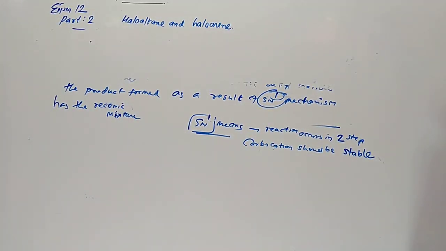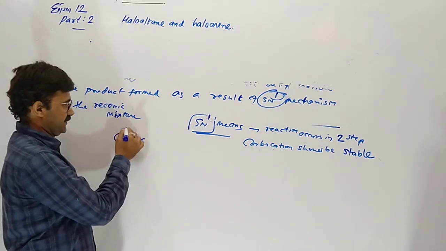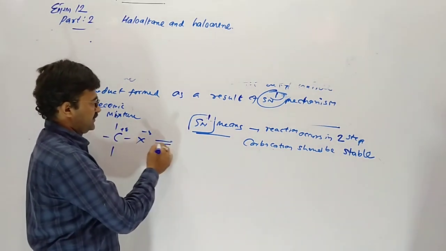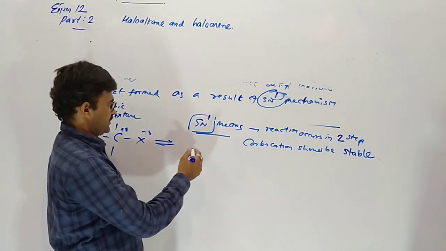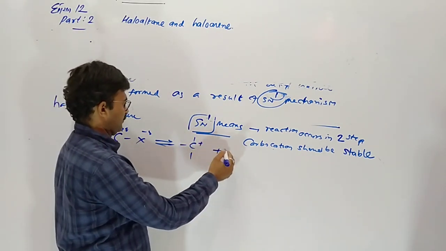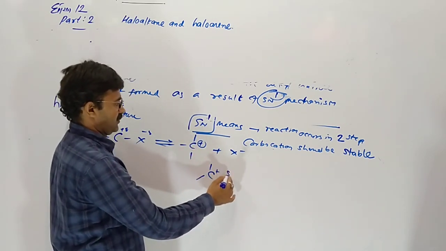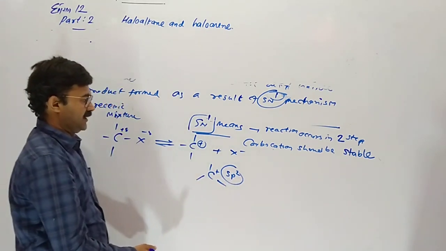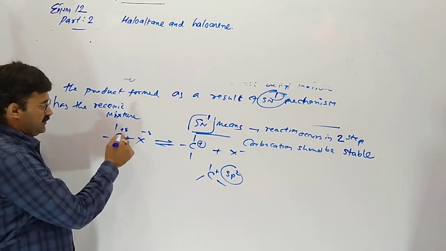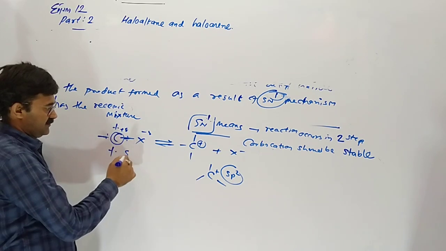Once again we are taking an example. Can you think of the reason why this happens? Actually this reaction occurs in two steps. First of all, the bond breaks between carbon and halogen, which is slow and reversible, so a carbocation is produced. The carbocation is sp2 hybridized, while the original was sp3 hybridized.